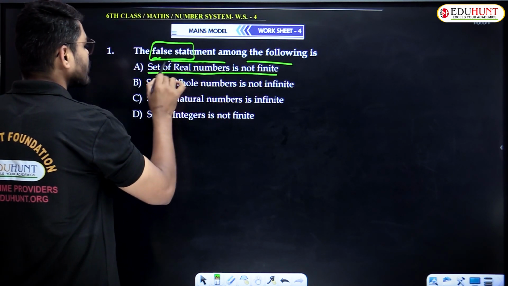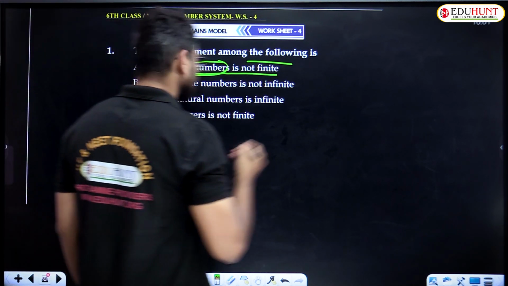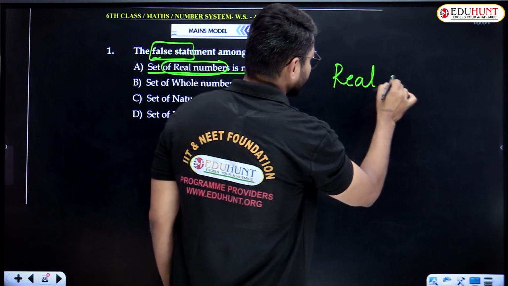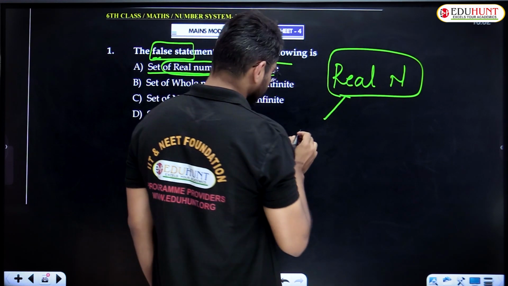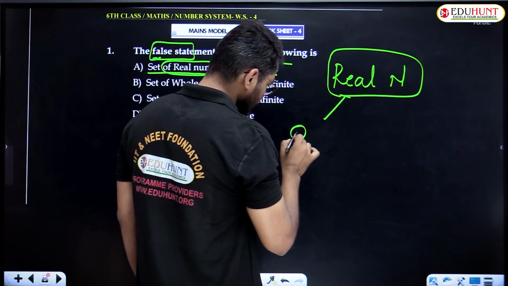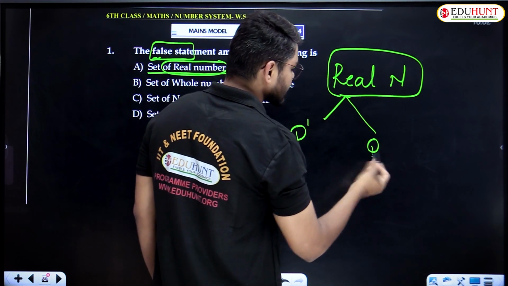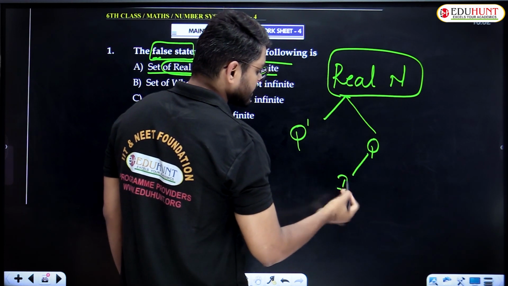First we have to know what real numbers are. Real numbers include irrational numbers and rational numbers. In rational numbers, integers are there.